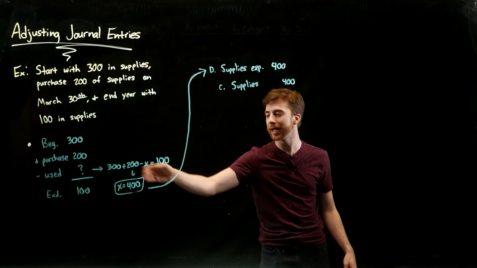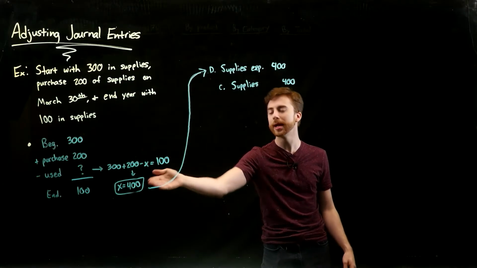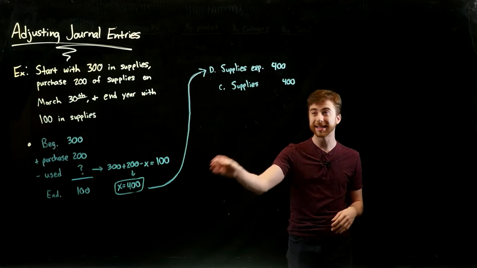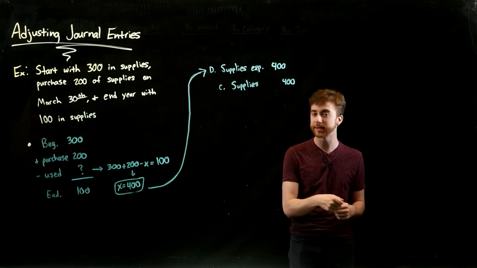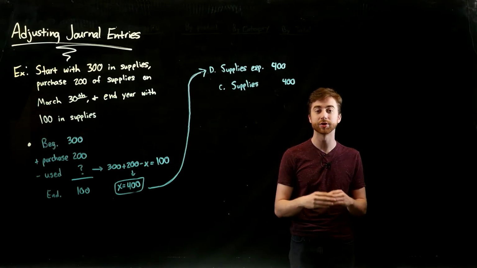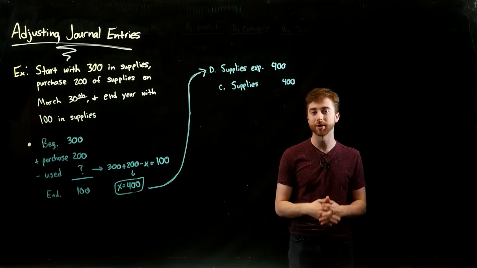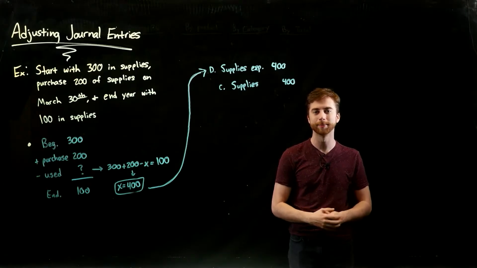If you simply do the algebra, you start off at $500, 500 minus what equals $100, it's going to be $400. That is the amount of your adjustment. You're going to debit or increase the balance in your supplies expense account by that $400, and then credit or decrease the balance in your supplies account by $400 as well. That should take care of the supplies adjustment. Let's get into the next example.